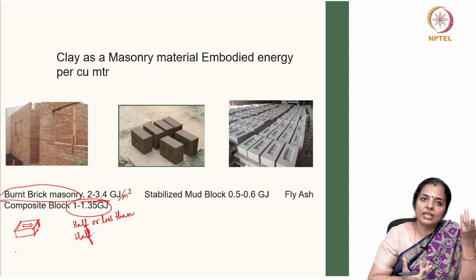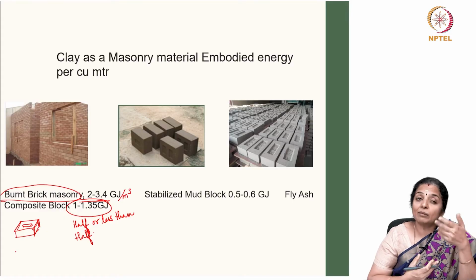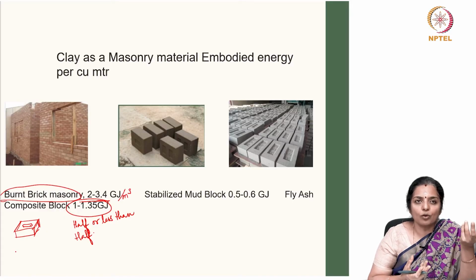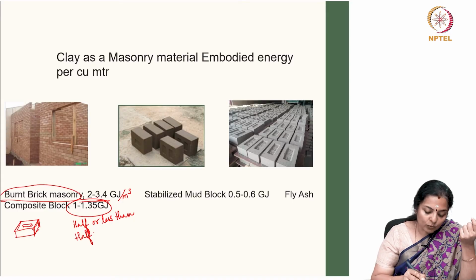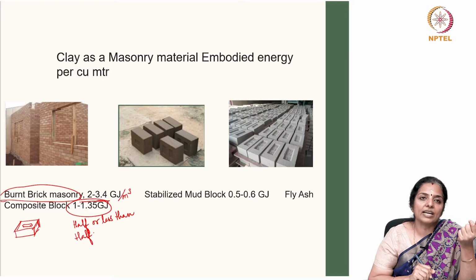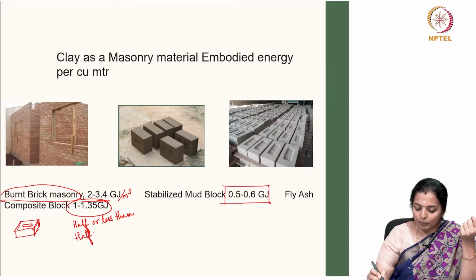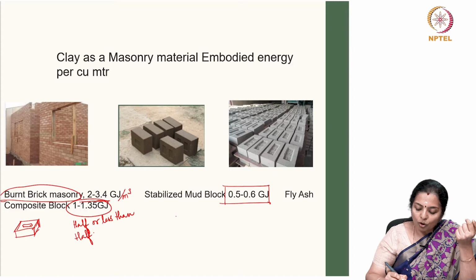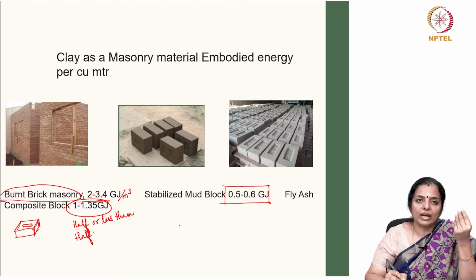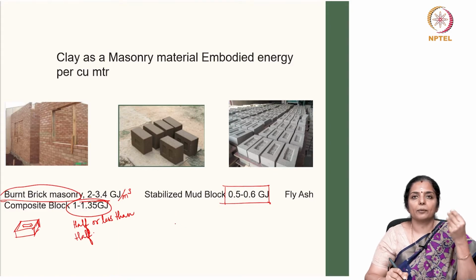Sometimes the fuel is just straw, hay. It could be anything. Sometimes it is coal. It could be any of those, and that is what increases or decreases the embodied energy in burnt bricks.